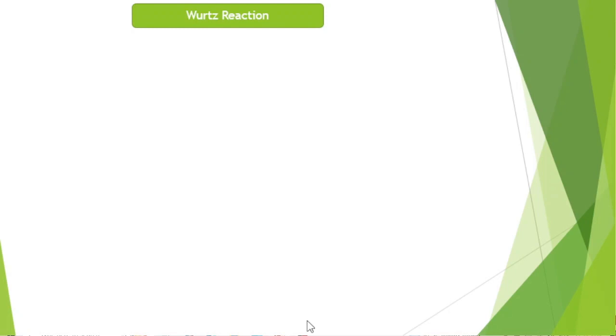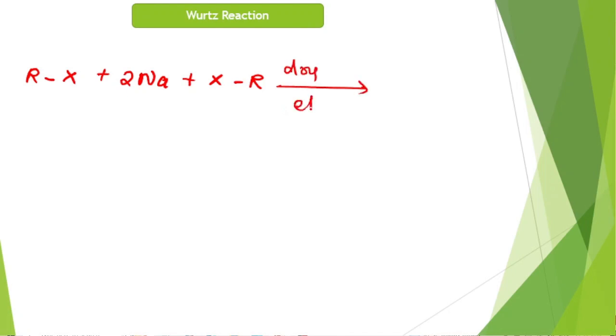So first I will write the reaction and then we'll see an example. First I am taking the haloalkane, that is RX. It is going to react with 2Na and again another RX, the same, in the presence of dry ether.